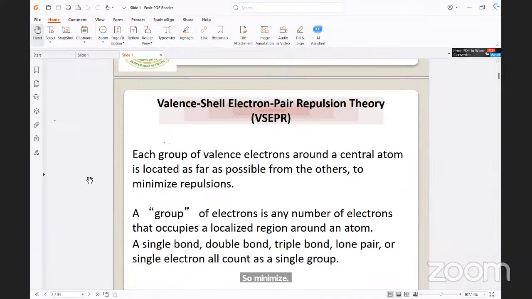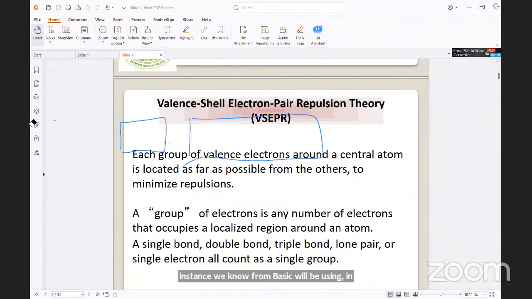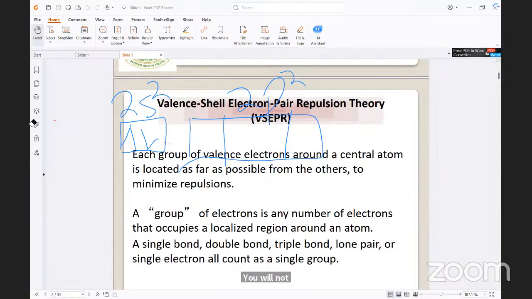So for instance, we will be using hybridization in explaining this. We know from the basic rule that if you have a 2s orbital and a 2p orbital, let's say you have 2s2 and 2p2, you are supposed to have the electrons in the ground state in that form.